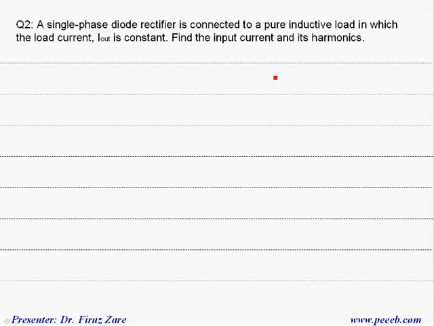So in this example we have a diode rectifier which is connected to a pure inductive load. We consider pure inductive load as a current source. The point is that the input current is not a sine wave.